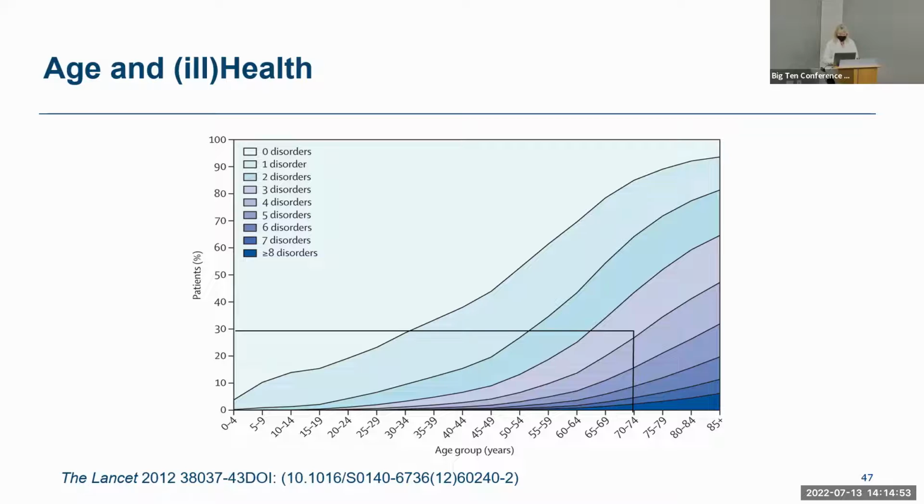Highlighted here, for people aged 70 to 74, 30% of them will have 3 comorbidities or more. The important thing to note is that the comorbidities documented in this study do not include sensory impairment. And the sensory impairment I'm interested in for this study is visual and or hearing impairment. So if you add in those comorbidities, it's an even greater burden on the individual.